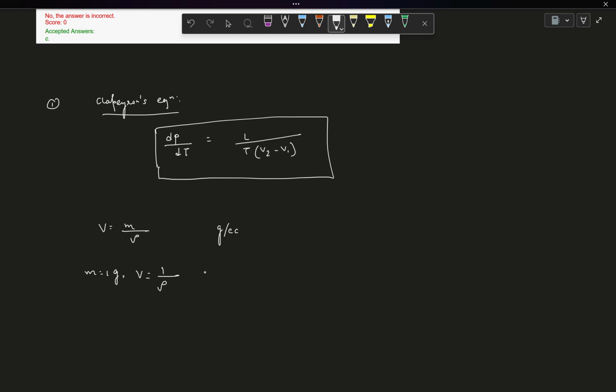So instead of V you can just use 1 by rho, taking your mass to be 1. And this is a melting process, so you are changing your state from solid to liquid, right?